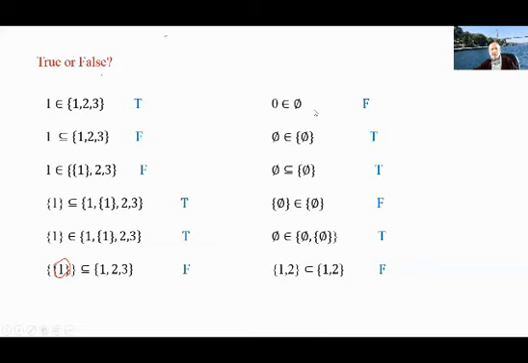Here, is 0 in the empty set? No. The empty set has no elements, so you can't say 0 is an element of it. Is this true? You look at that, it's inside here, yes. Is this true? Yes, because the empty set is included in any set. Is this true? Again, no, because this as a structure, you don't see it inside here.